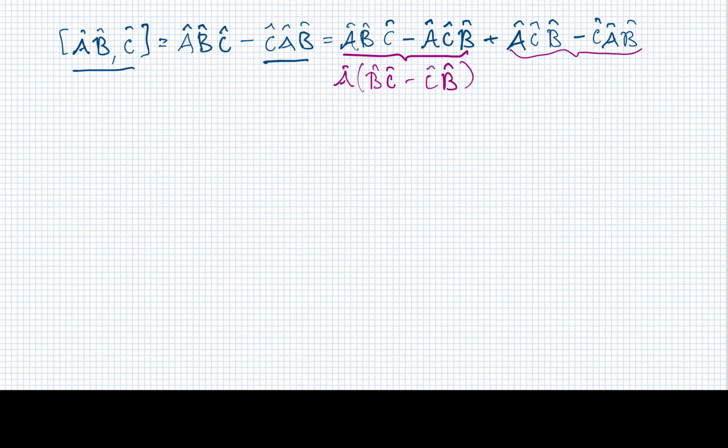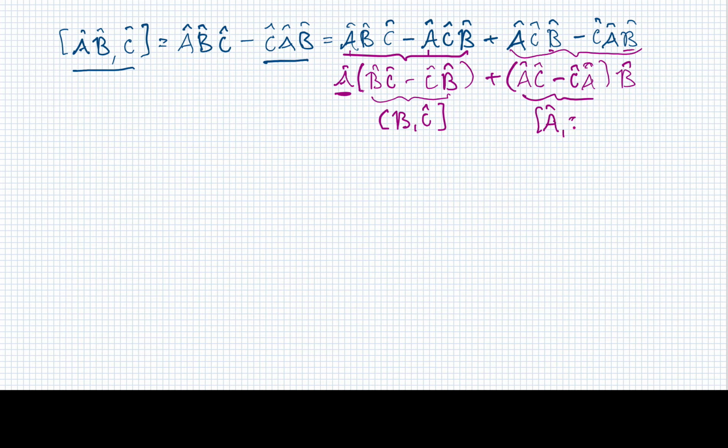Now notice it's important. I kept the A in front. It's the first operator in both of these sequences. Similarly, over here, I've got B as the last operator in both of these sequences, so I might have AC minus CA, and then followed by the operation B. Now you should recognize that this is simply the commutator [B,C], and this is simply the commutator [A,C].